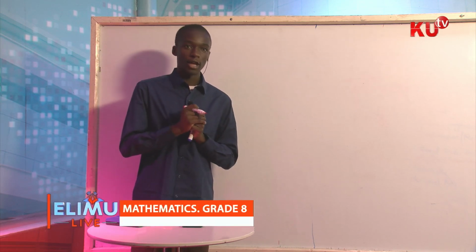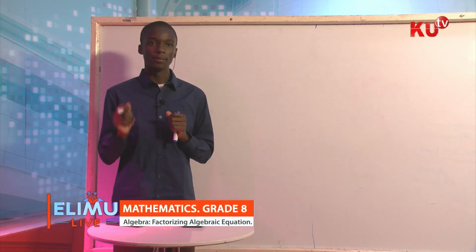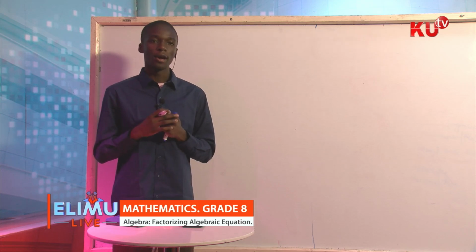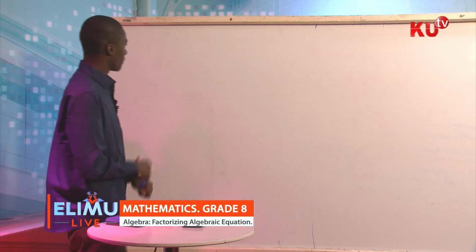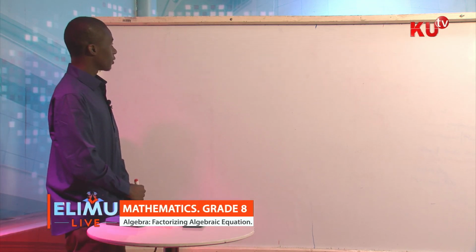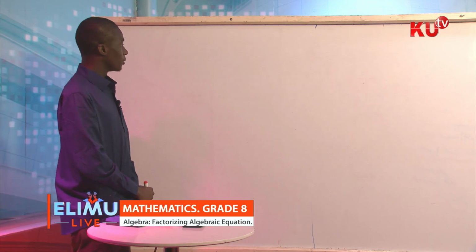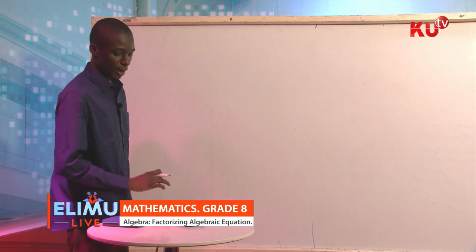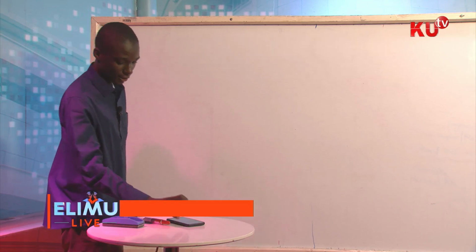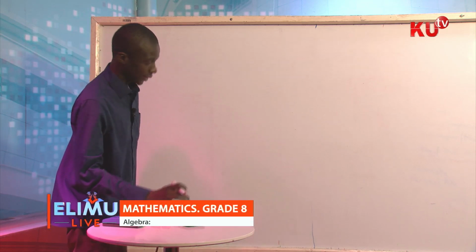But in this class, we'll not be concentrating on algebraic equations. Rather, we'll be concentrating on algebraic expressions. There are different types of algebraic expressions. We'll be looking at a simple case, and a good example is the expression written here.